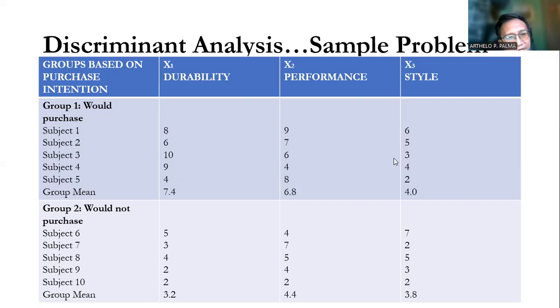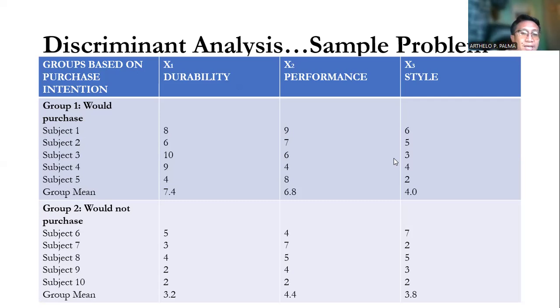If you would notice, the group mean for group 1 is 7.4 for durability, 6.8 for performance, and 4.0 for style. And for group 2, would not purchase, the mean is 3.2 for durability, 4.4 for performance, and 3.8 for style.